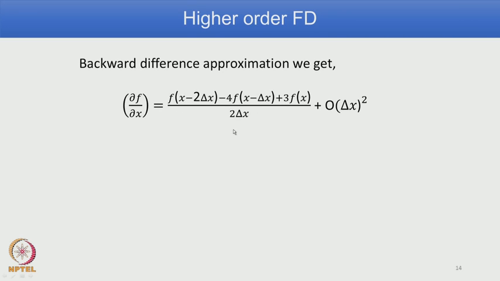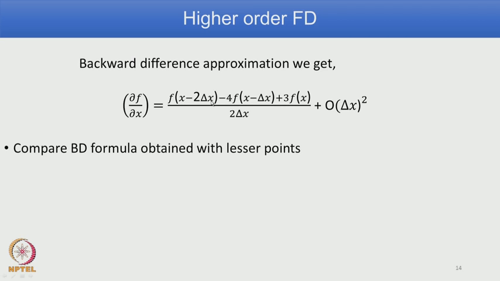As we observed in the case of the forward difference scheme, f of x minus delta x is the immediate neighbor point in the backward direction, and x minus 2 delta x is one more additional point in the backward direction.